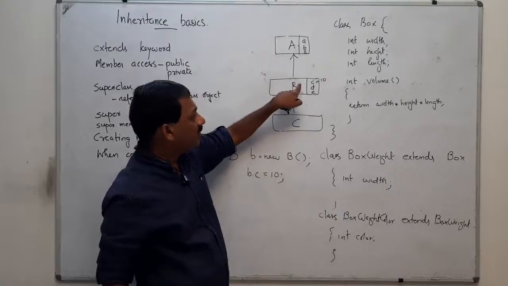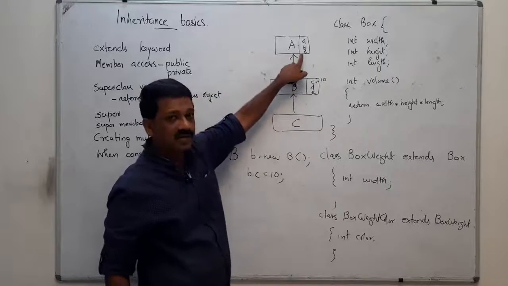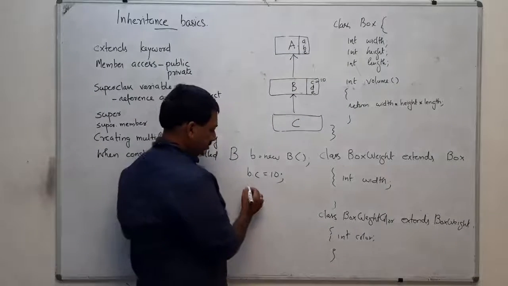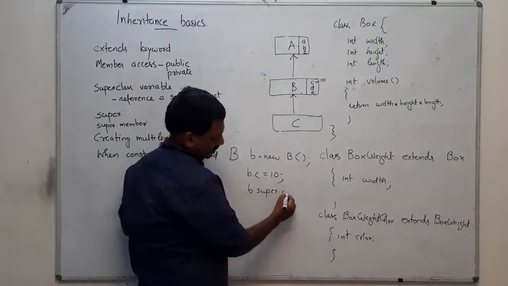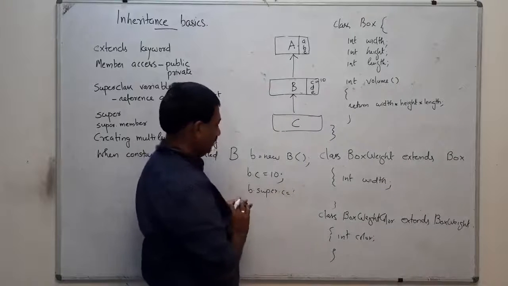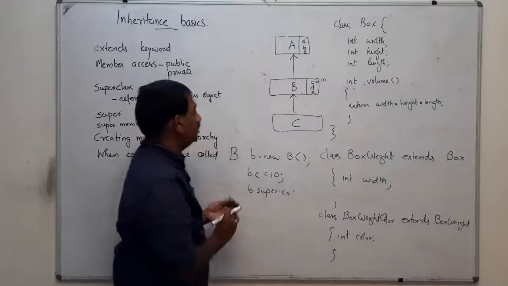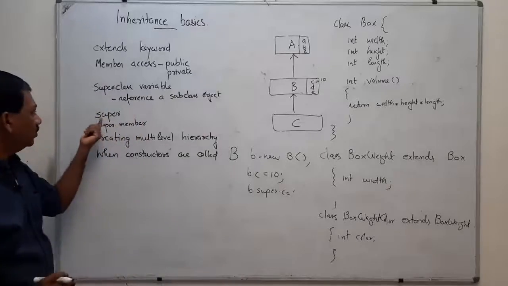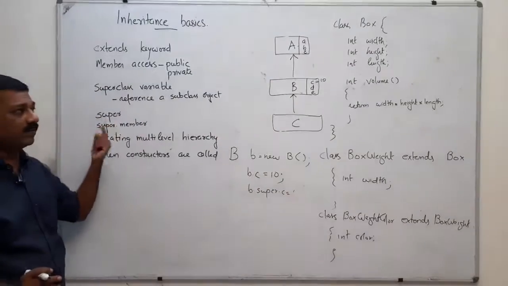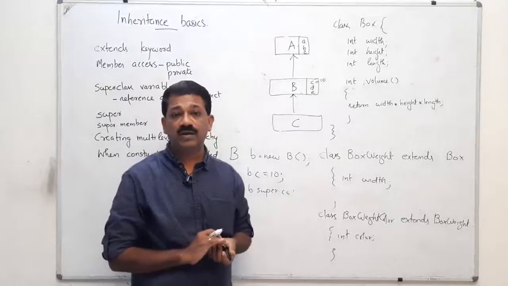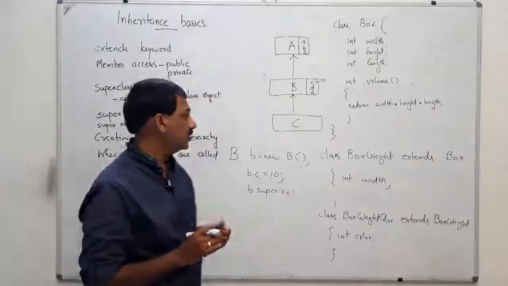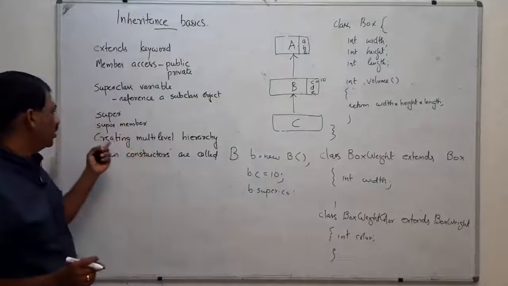If you want to reference this, you have to use B dot super dot C. That means from this object, if you use super, it is referencing its parent. Super means it is referencing its super class. Okay, so that's all about super.